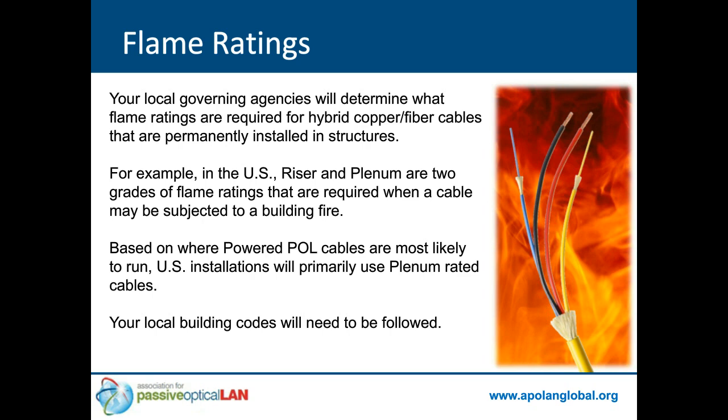But obviously, you need to be paying attention to your local building codes and laws. In the U.S., powered passive optical LAN cables are most likely to be run through plenum spaces, and so most installations will buy a plenum-rated cable. But again, you need to check with your local building codes and make sure you're following your local laws, regardless of what jurisdiction or country you're in.